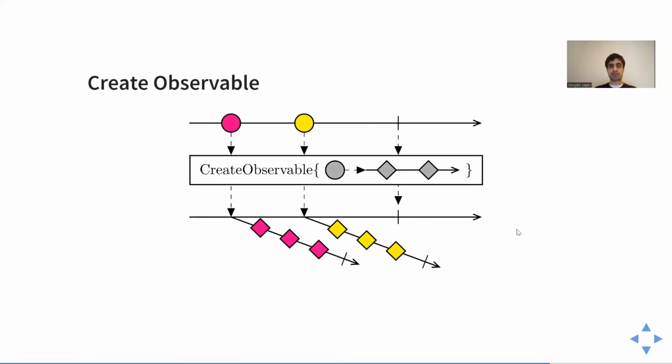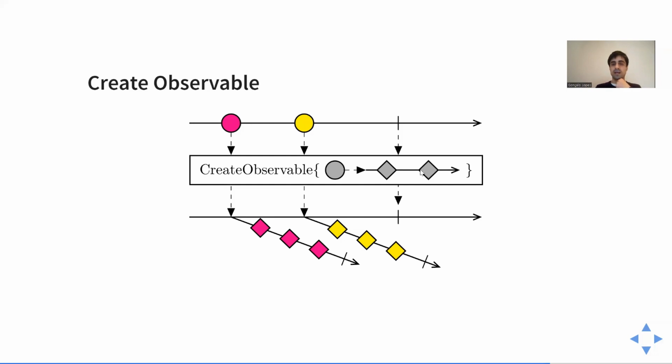And this is the last higher order operator we will introduce today. It's CreateObservable. You'll see from what's inside the box that it looks very similar to SelectMany at first glance, because it takes a value of any type, and you specify what is the sequence that you will produce from that value.